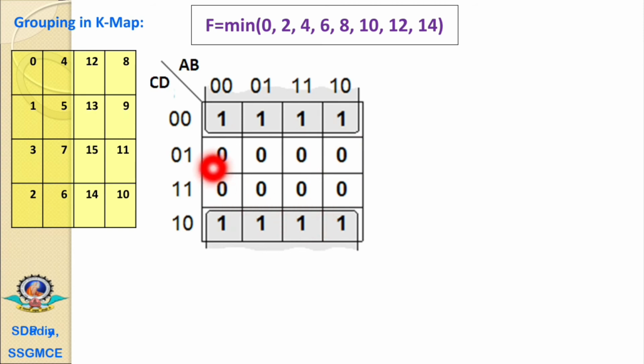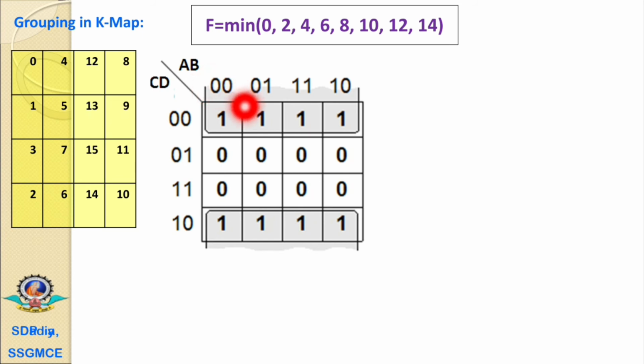Now the first row and the last row, we can consider adjacent, therefore we have formed a group of 8 cells. Now here this octet belongs to all 4 columns, therefore all the 4 entries for the column will eliminate. Therefore there will not be any term for the variables A and B.